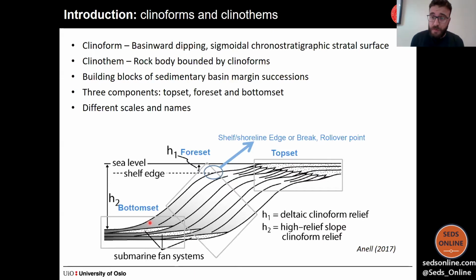As you may know, clinothems occur at a variety of scales, from meter scale in mouth bars, for example, to hundreds of meters of scale in basin margin successions. And they, of course, receive several names, and I'm going to try to stay away from the conflict of nomenclature, and keep it as easy as possible.